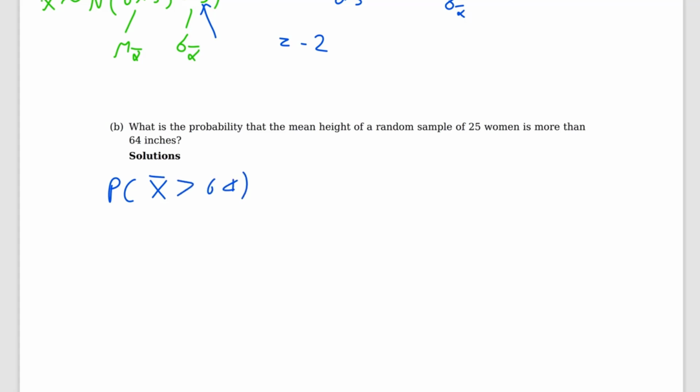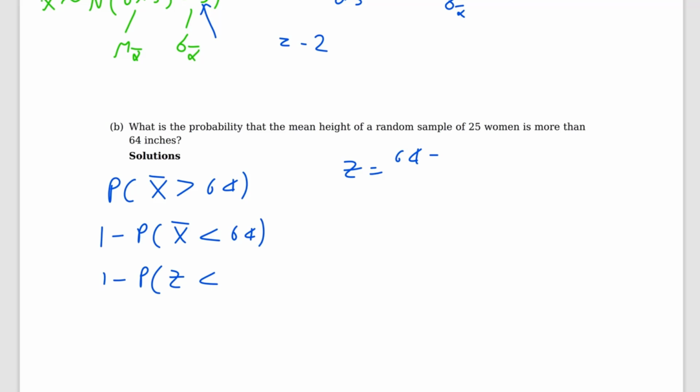64 inches. Now you know we have this greater than part, therefore, because of this table, it should be x bar less than 64. Therefore 1 minus probability, I write down z here. Now we need to find the z value for the 64. What is this?